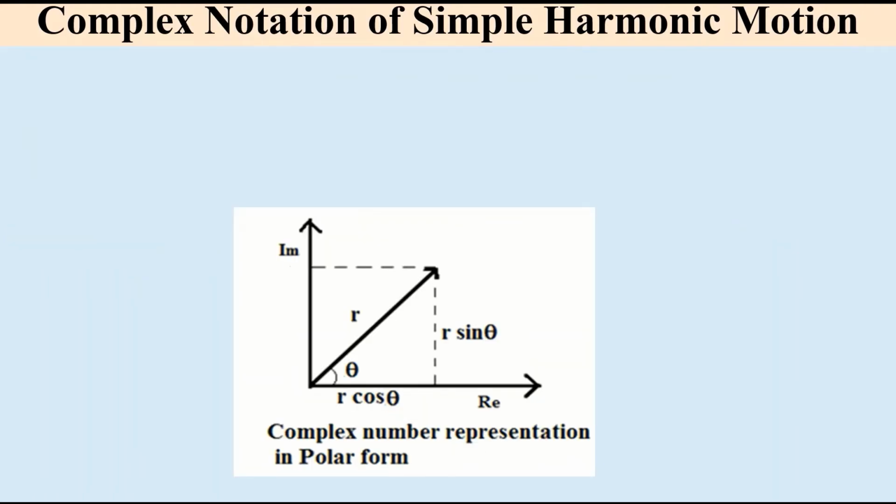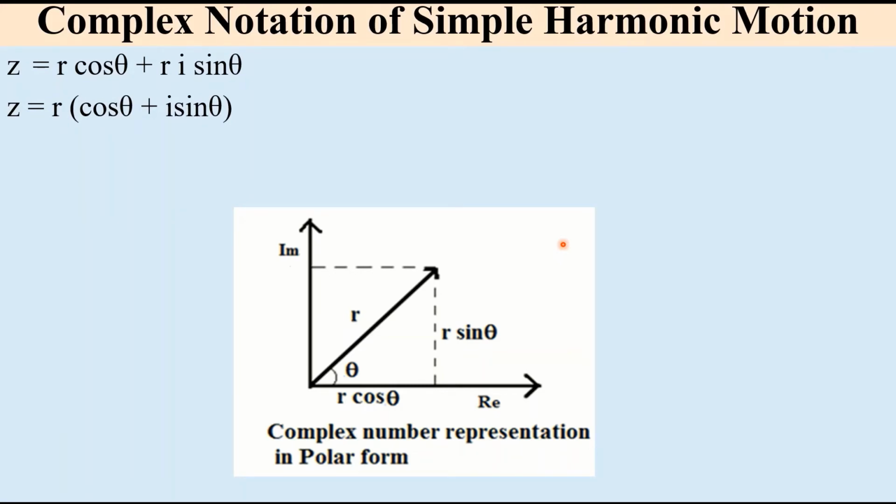In polar coordinates, Argand diagram representation is done in terms of r and theta. Here z is equal to r cos theta plus i into r sin theta, where r is the magnitude of z. So therefore z is equal to r into cos theta plus i sin theta.